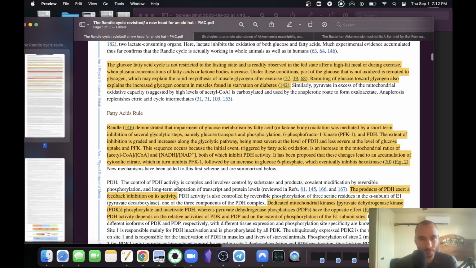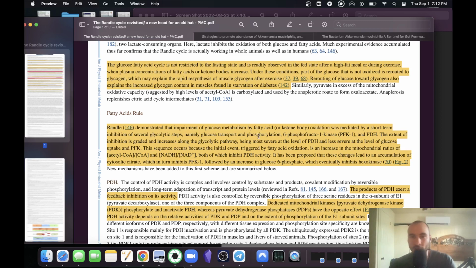So what they start with here is they say, Randle, so this is Sir Philip Randle, demonstrated that impairment of glucose metabolism by fatty acid or ketone body oxidation was mediated by a short-term inhibition of several glycolytic steps, namely glucose transport and phosphorylation, 6-phosphofructo-1-kinase, so PFK1, and pyruvate dehydrogenase, so PDH.